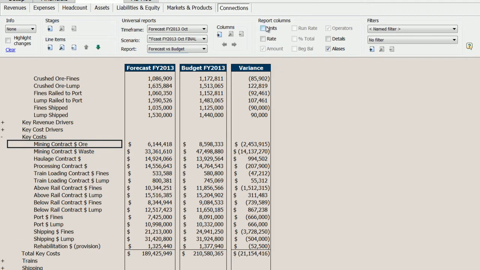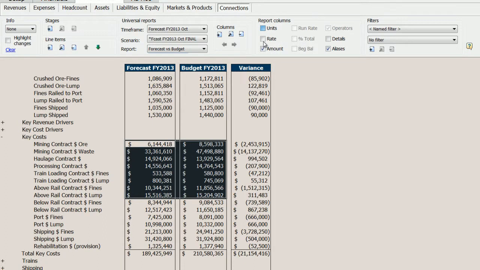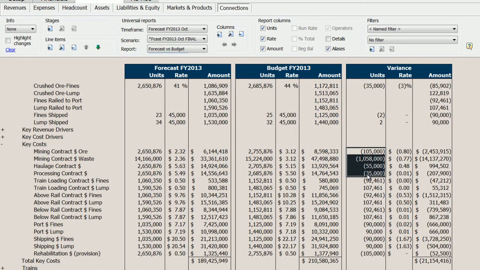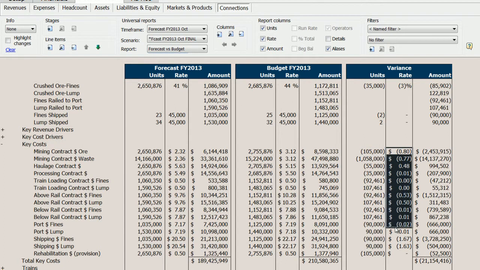Again, I can look at this at a dollar amount level, or I can drill into this, look at the units and the rate variances, and see that a certain amount of my variance is caused by a variance in volume, in units, and a certain amount of my variance is caused by changes in rates.